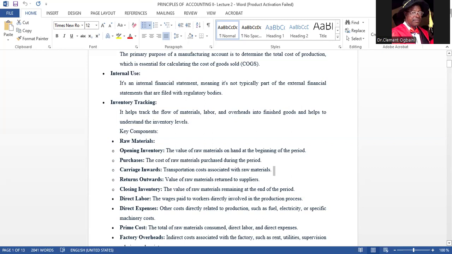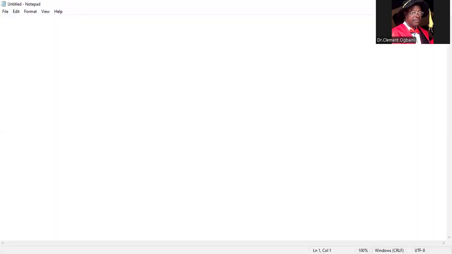With this manufacturing account, we are able to determine our profit. Manufacturing account helps us to know how efficient the organization is. It helps us to know if we are efficient in our production.